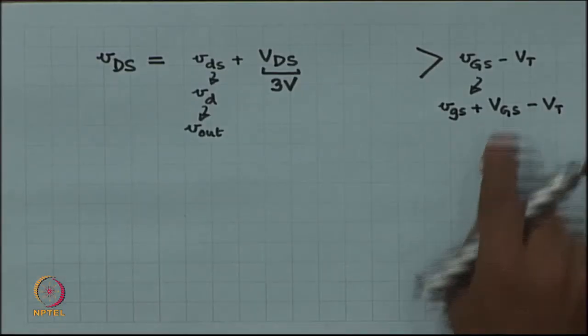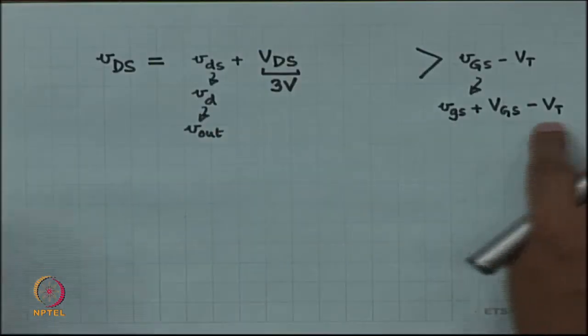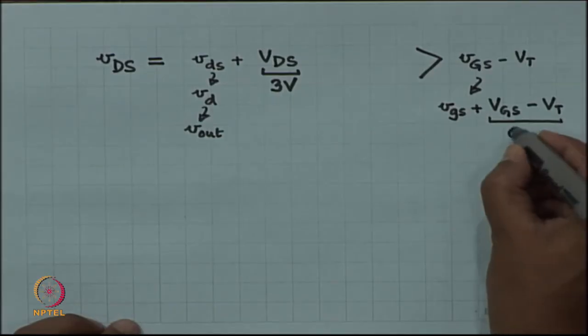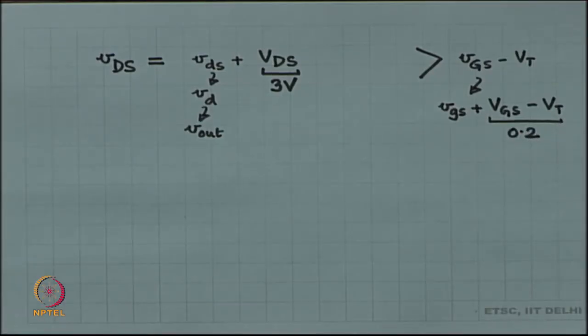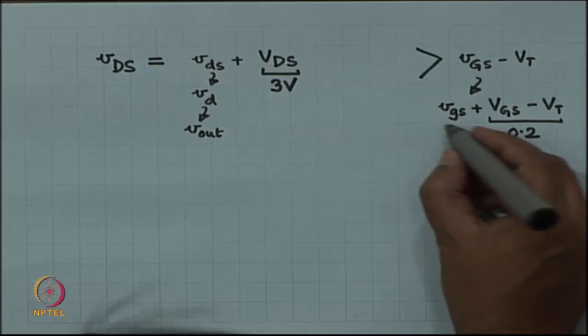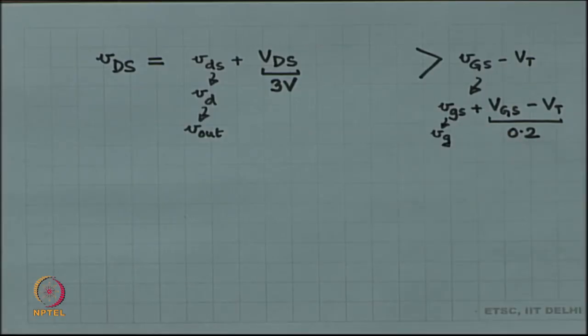And this capital VGS is how much? 0.7, VT was 0.5. So, this portion is 0.2. We know this. Once again, source is not changing. So, therefore, this is nothing but small Vg.